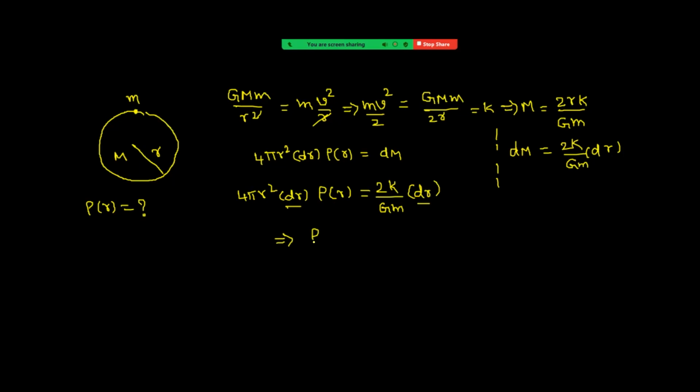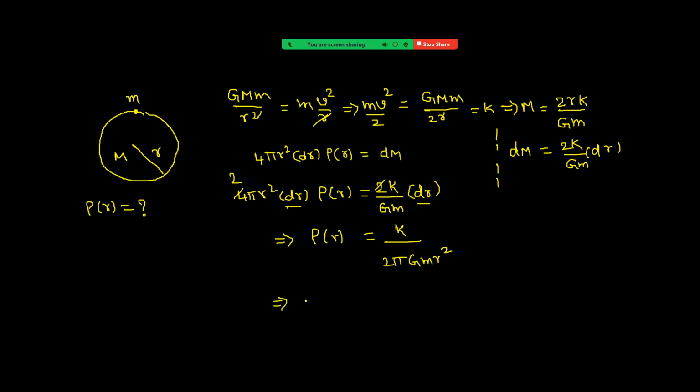From this you are going to get rho of r, and the 2 also gets cancelled here. Rho of r equals k by 2 pi G m r square. Check it once. Rho of r equals k by 2 pi G m r square. Okay, this is the rho value.